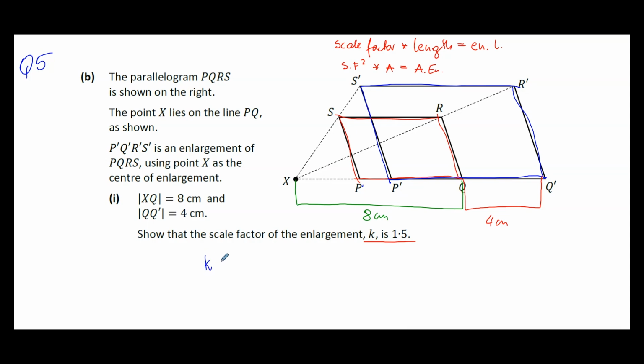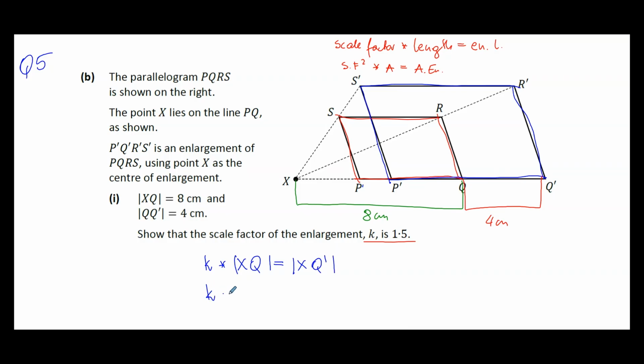So again, how will it work? You take scale factor, you multiply by the length that is not enlarged. In this case, I know we can be thinking about PQ. However, we don't have that. So we can look at the whole XQ because that's not enlarged. And on the other side, it will give me the enlarged length, which is XQ prime.